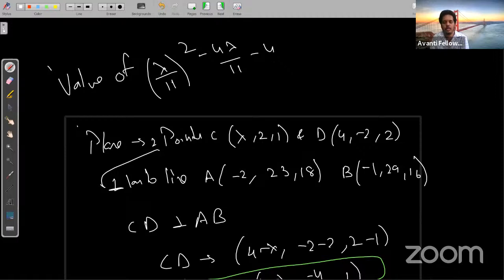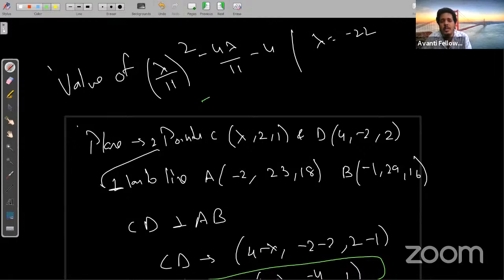So this is the question he's asking. Lambda is equal to minus 22, we got. So what is the value of this? Come on, tell me. What is the answer? If we substitute lambda equal to minus 22 over here, what is the answer?